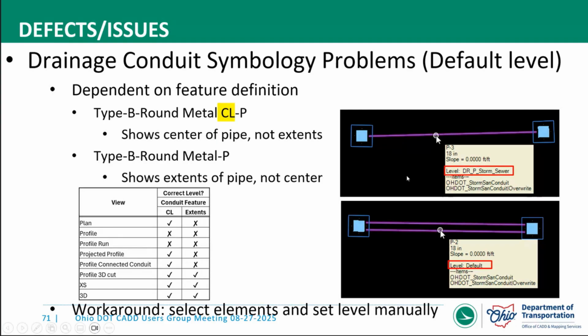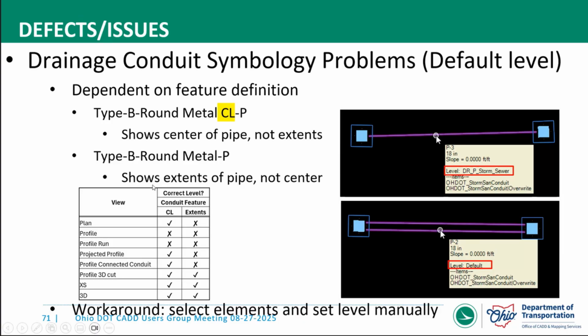So I did put together a little table and a column for if you're using the centerline feature definition or the one that displays the extents, showing which ones are going to show up on the correct level and which ones aren't. So mainly the profile one, since we don't show the center line in the profile view, we just show the extents. Those are pretty much always showing up on default level.